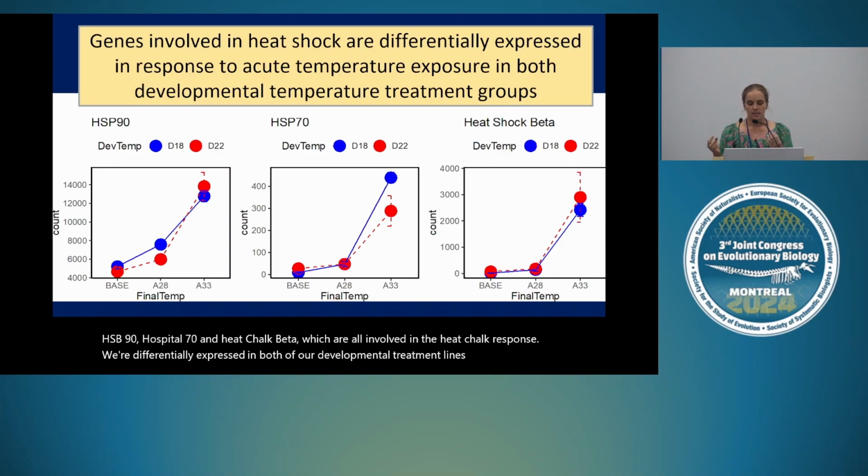But as you can see in this graph, these genes weren't differentially expressed between the developmental treatment lines. So what that tells me is these genes are important to acute temperature exposure response in both of our developmental temperature treatments, which makes sense, it's heat shock.